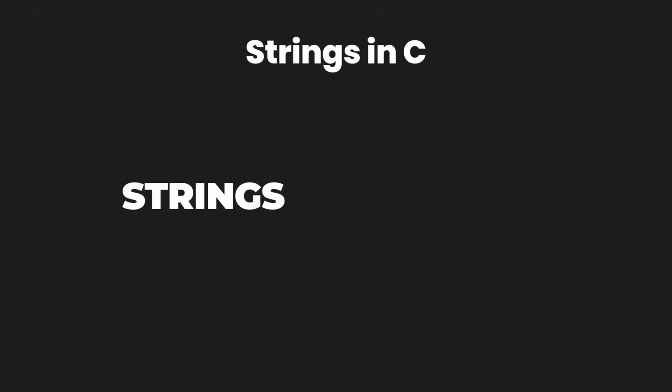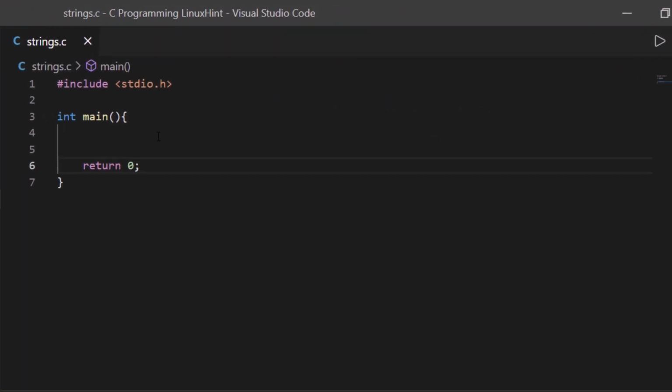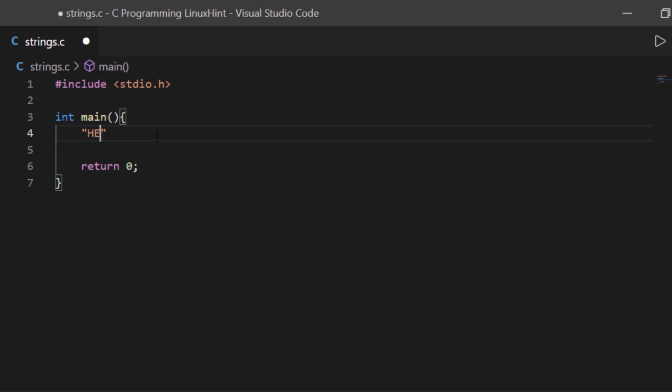So, strings are arrays, or I should say character arrays. If we have the string hello with an exclamation mark at the end, we can say that this is an array of characters with the first index being H, second being E, and so on respectively.